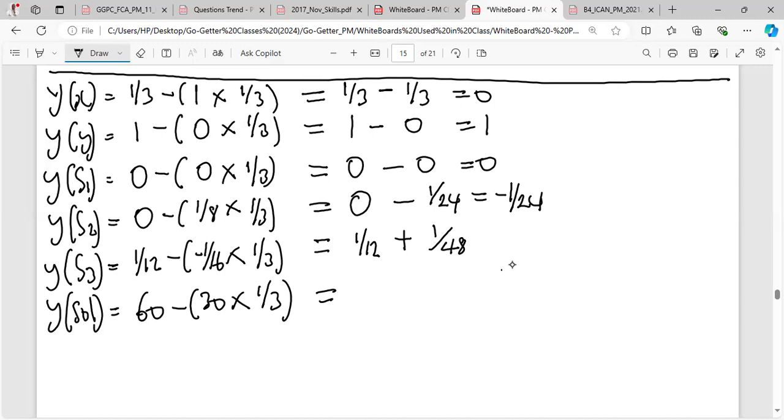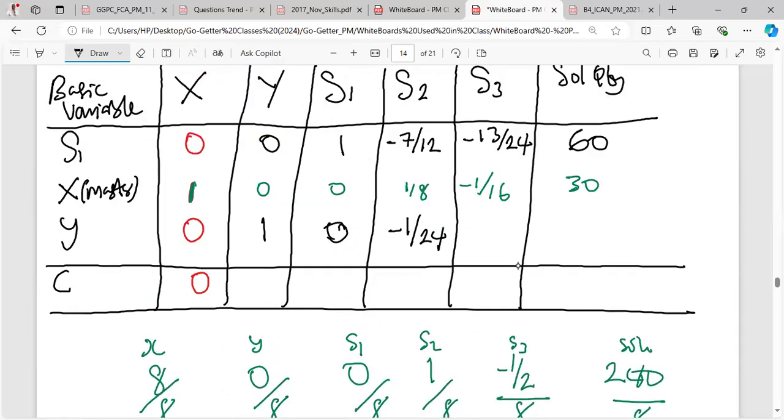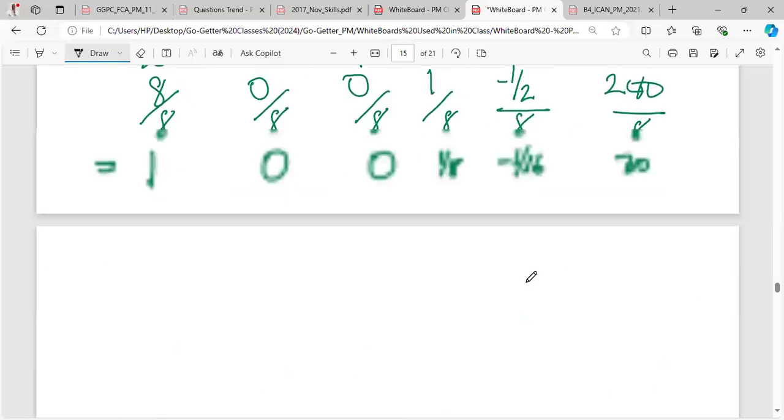Now the LCM is 48. 12, 24, 36, 48. So 4 times 1 is 4. 48 here is 1. 1 times 1 is 1. So that gives me 5/48. So write like that, 5/48. You cannot break it down further.